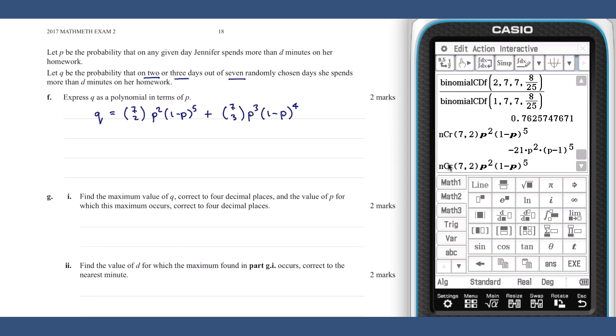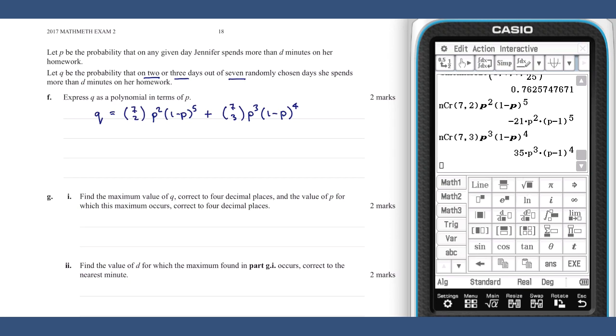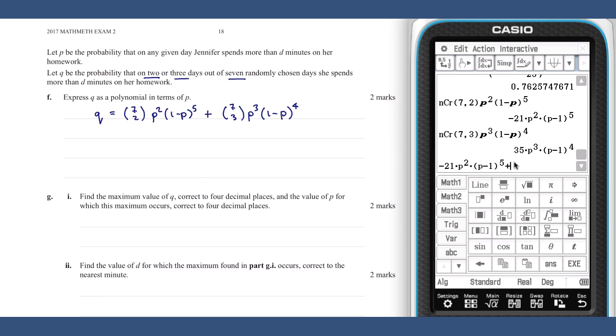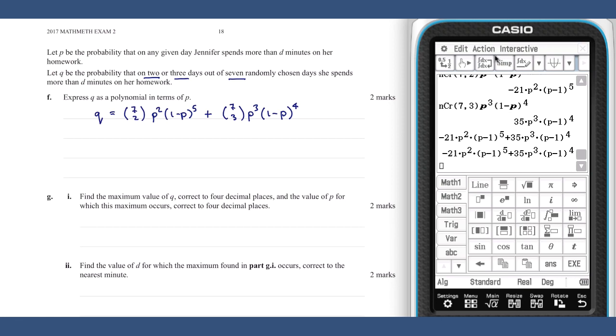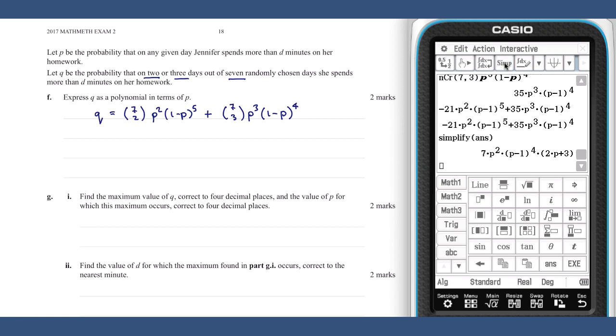With a little modification, we can obtain our second term too. We can add these two terms and then simplify the answer. This gives us a simplified version of the polynomial Q, 7p squared by p minus 1 to the 4 by 2p plus 3.